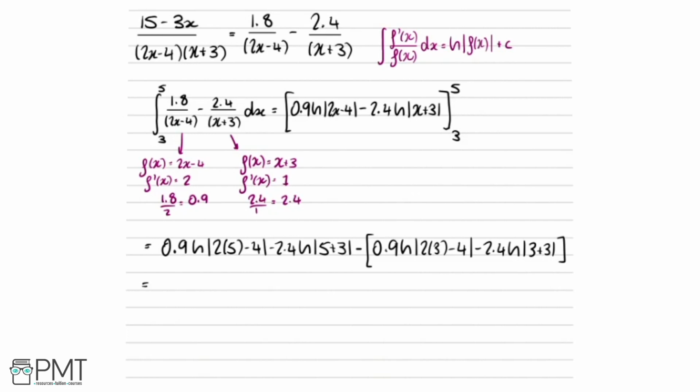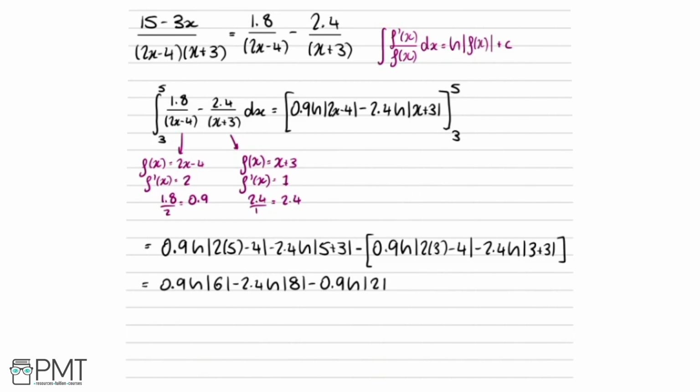So tidying this up a little, we'll get 0.9. And then inside the modulus sign here, we'll get 2 times 5, so that's 10 minus 4, so we get 6. Minus 2.4. And then we get 5 plus 3, so that's 8. And we're going to subtract both terms here. So we're going to get minus 0.9, the natural log. And evaluating this, we get 2 times 3, so that's 6 minus 4, so we get 2.